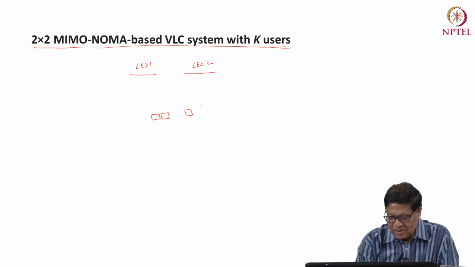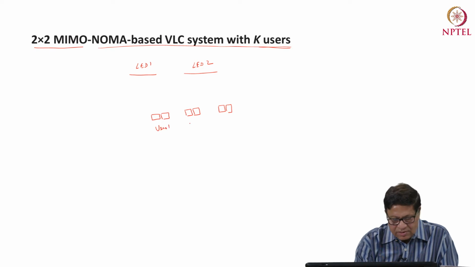So this is a 2x2 MIMO system, and similarly here. So this is user 1, this is user say small k, and this is user capital K.